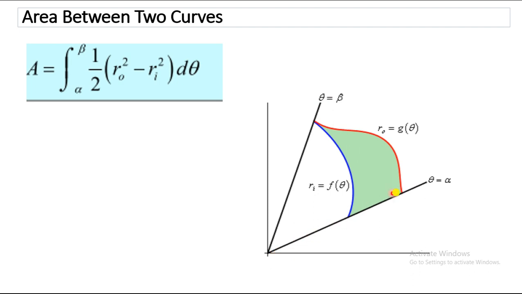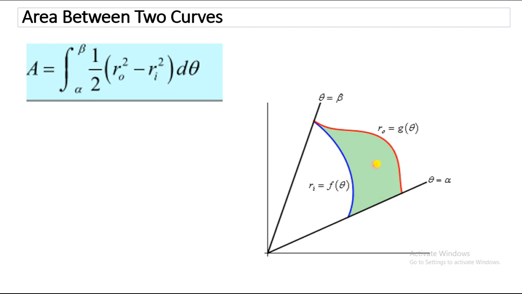The first angle theta equal alpha, the second angle theta equal beta. And this graph is greater than this graph.